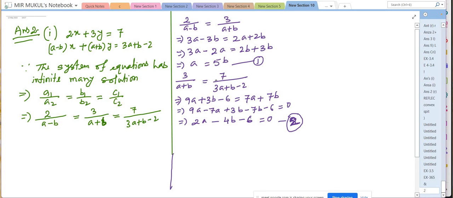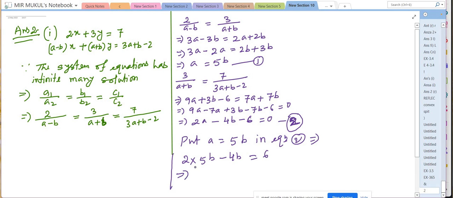So here we will do substitution. Substitution, very good. Put a equals 5b in equation 2. So we'll get 2 into 5b minus 4b equals 6. So it is 10b minus 4b equals 6.